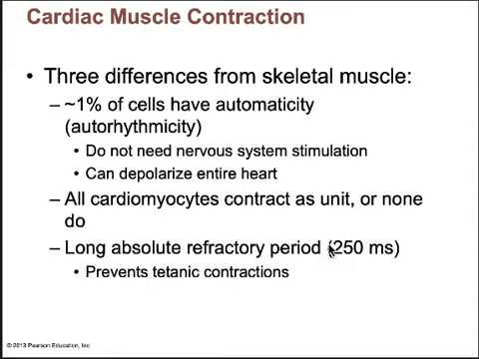Essentially it's a biological fail-safe against what can often happen with skeletal muscle when you overwork it to the point where it goes into lactic acid metabolism and then eventually fatigue. So the heart cannot fatigue as a result of load.